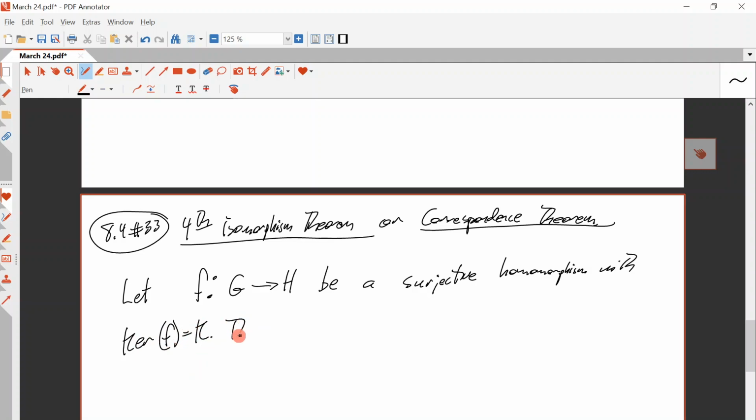That is, K is just some normal subgroup of G. I mean, by the first isomorphism theorem, if you have a surjective homomorphism with kernel K, then H is just isomorphic to G mod K. So you can set it up either way. Say K is a normal subgroup of G, or f from G to H is a surjective homomorphism. There's no difference really.